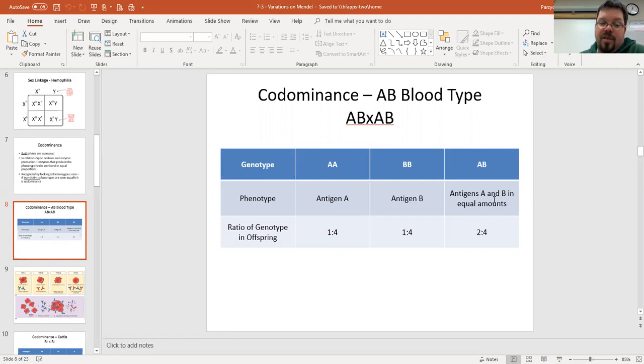So these antigens are produced within our blood to fight off other infections from invading our blood. Antigens A and B are produced in those that have type AB in equal amounts. Those that are type A produce only A antigens. Those that are type B will only produce B antigens. Those that are type AB will express both in equal amounts.